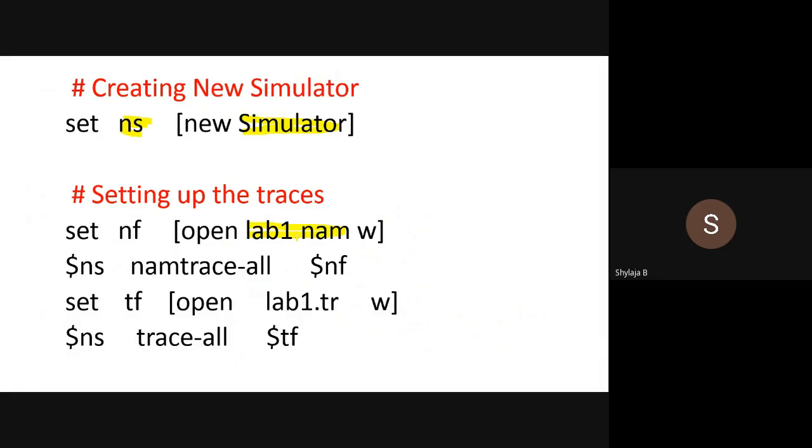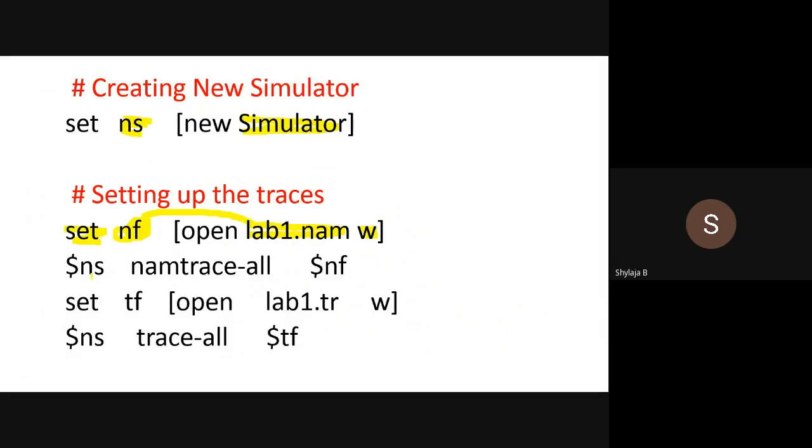Extension must be NAM for animation. lab1.nam we are creating in write mode, and for this we are giving a file descriptor called nf. It is nothing but a file descriptor named nf, referring to the file lab1.nam. This is the file name we are giving.